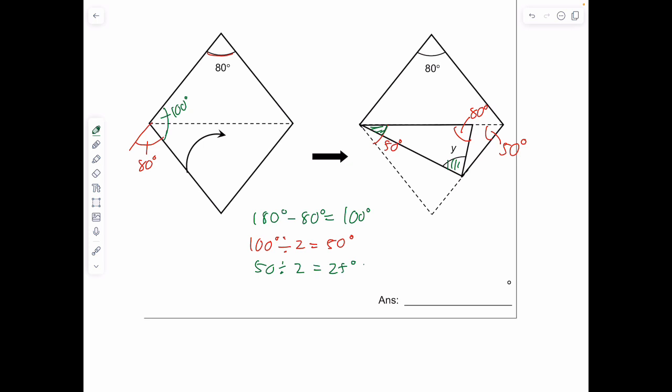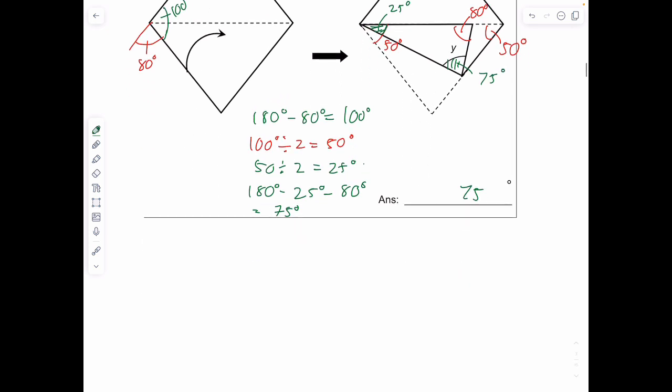Now that I know this is 25 degrees, I can use the sum of angles of a triangle. This angle plus this angle plus this angle will be 180 degrees. So I will take 180 degrees minus away 25, minus away 80 degrees, and my answer would be 75 degrees. And that is how I solve this.